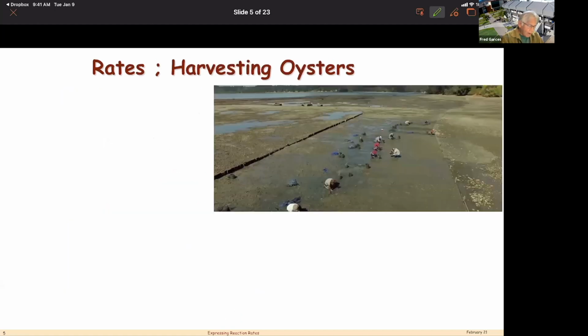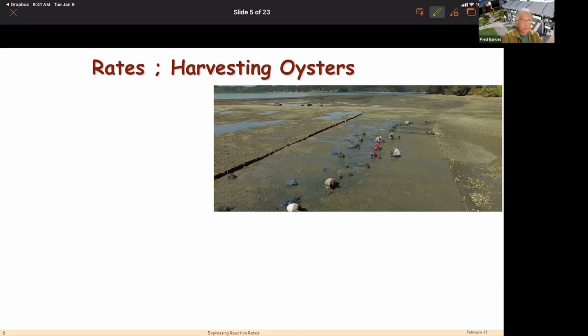Okay. So before I move on, I just want to make sure that you get a comfortable feeling of what we mean by rate and how it's related to the individual species in that reaction. And I'll try and use an example that was based on my experience.